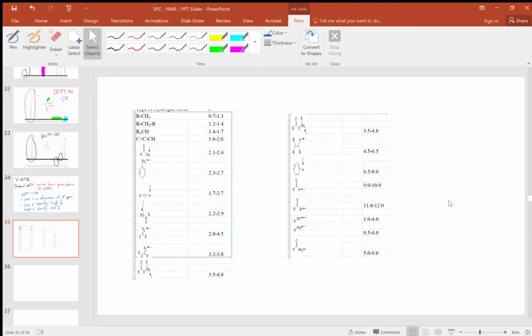So possibly the first thing you might notice is the fact that whereas carbon NMR went from 0 to about 220 ppm, the range for proton NMR is only from about 0 to 14 ppm. Now that doesn't really have any major impact on it, just sort of something to keep in mind.